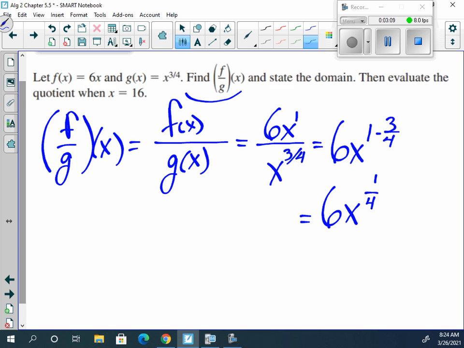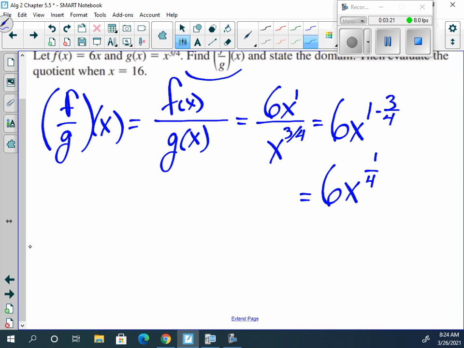One-fourth. It would be 1/4. Because when we do 1 minus 3/4, we need the bases to be the same. So we would change 1 into 4/4. And then our 4 minus 3 would give us 1.